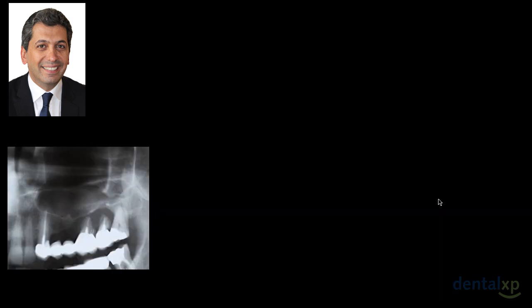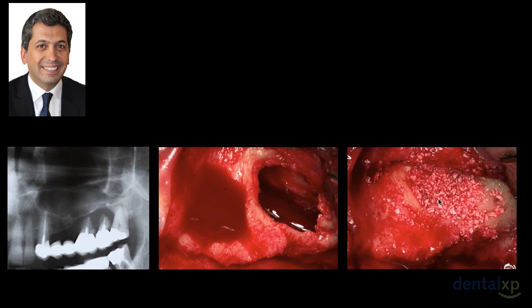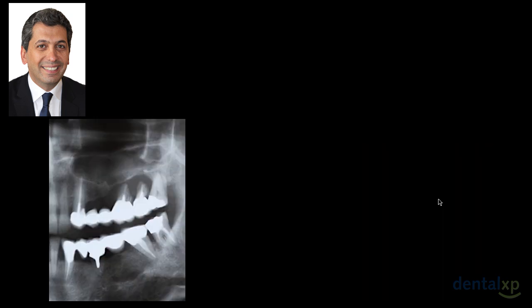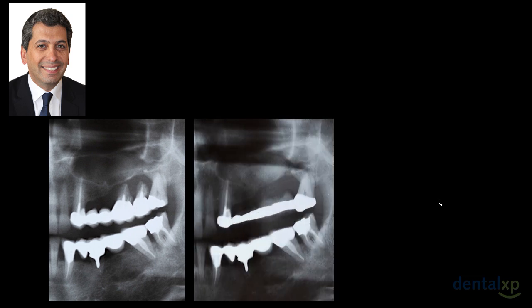This clinical case is very interesting. In this case, I had a huge sinus that I had to graft with a bovine hydroxyapatite. This is the case before, this is the case after my sinus graft.